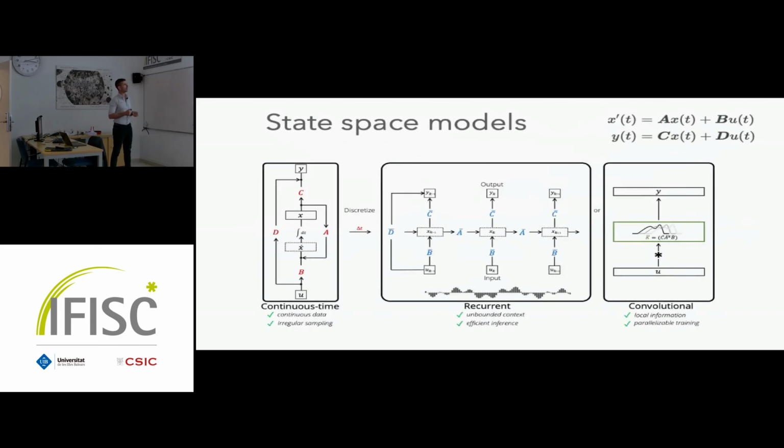Now the good point here is that you can see this very simple set of equations from the continuous-time perspective, like an ODE. So you can put constraints, you can do a lot of tricks here. But then you can also discretize, and you can see this like a recurrent neural network. But as this is linear, you can also see it like a convolutional neural network.